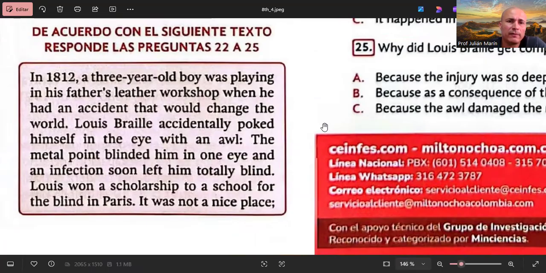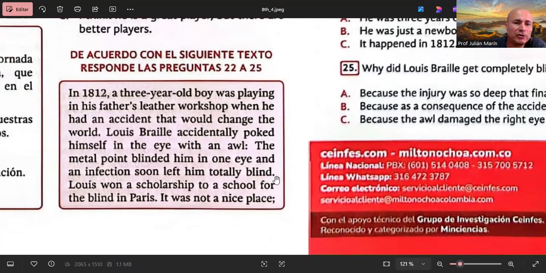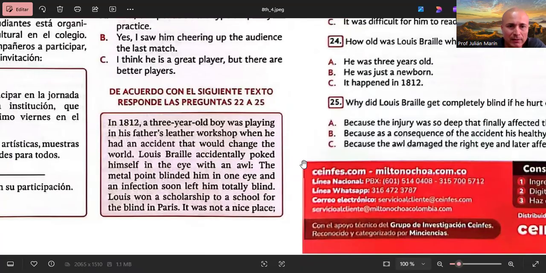In 1812, a 3-year-old boy was playing in his father's leather workshop when he had an accident that would change the world. Louis Braille accidentally poked himself in the eye with an awl. The metal point blinded him in one eye, and an infection soon left him totally blind.